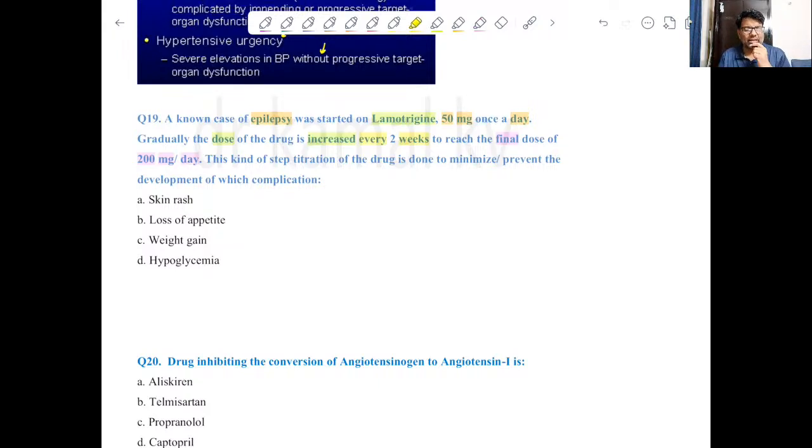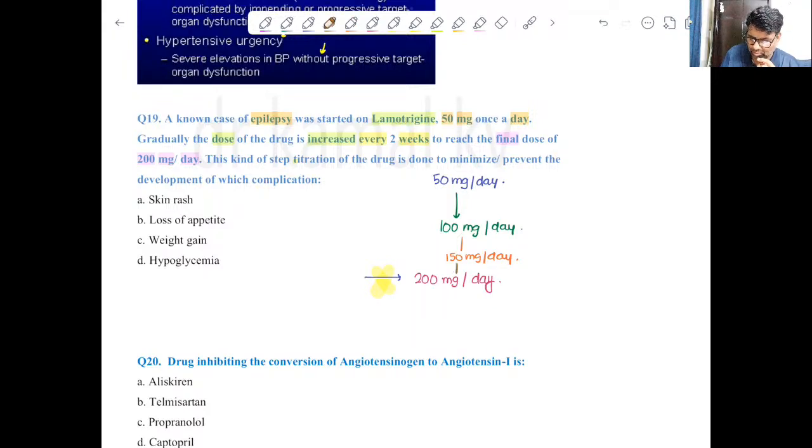Now why we are taking this kind of approach? Because suppose the final dose we need is 200 milligram per day, but we are not giving this straightforward. Initially we are giving 50 milligram per day, then we made it 100 milligram per day, then 150 milligram per day, and then finally we reached this level.